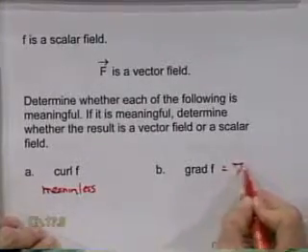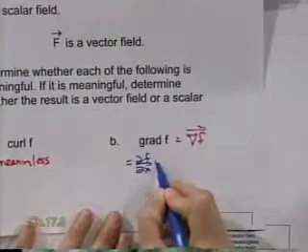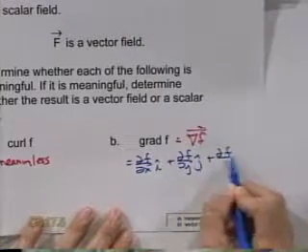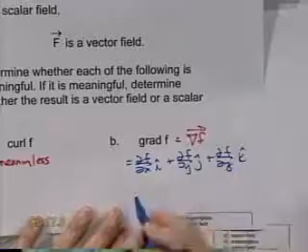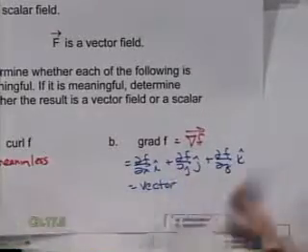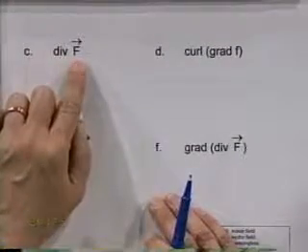This one is gradient of f. And maybe you might remember the gradient of f was partial of f with respect to x i plus partial of f with respect to y j plus partial of f with respect to z k, which is a vector field. So that's a vector, so it does make sense. Can I take the divergence of a vector valued function? Yes.